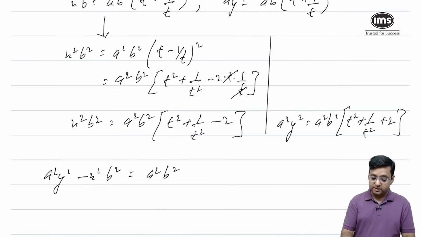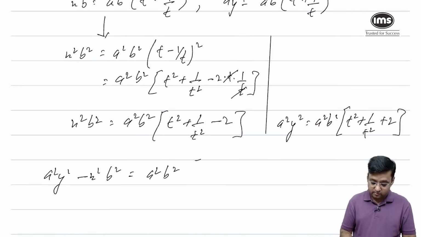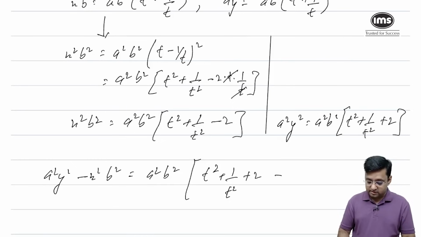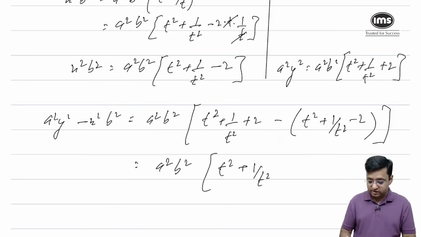That means I'm putting this as common, and what else will I get? t square plus 1 by t square plus 2 minus t square plus 1 by t square minus 2, correct? Now this will become a square b square into t square plus 1 by t square plus 2 minus t square plus 1 by t square minus 2.